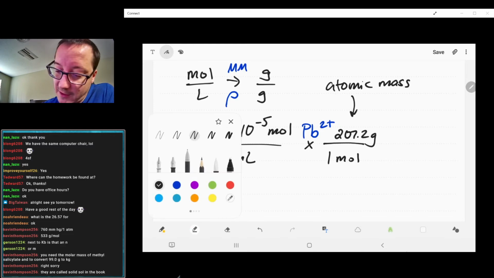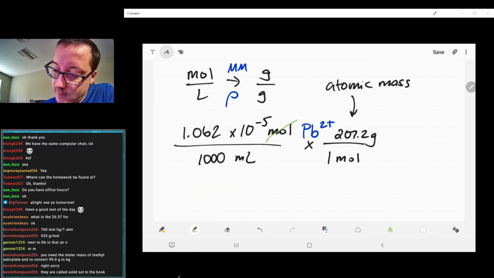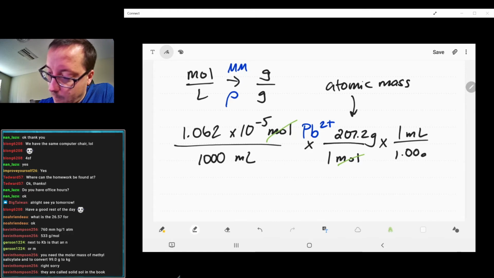That will end up giving us grams per milliliter. Grams of solute over milliliters of solution. If we want to go from milliliters of solution to grams of solution, we're going to have to put milliliters on the top, grams on the bottom. Notice these grams are different quantities.